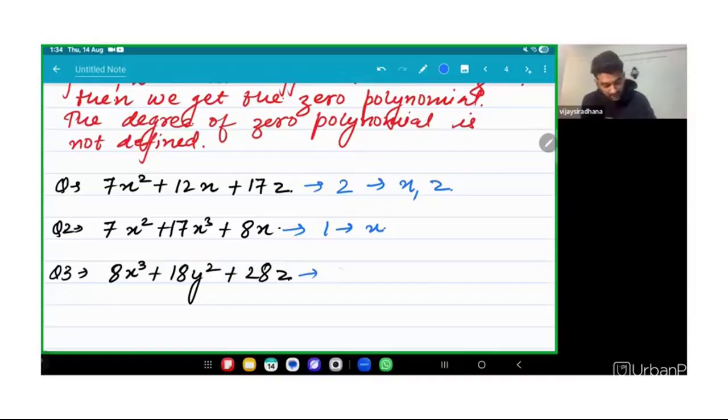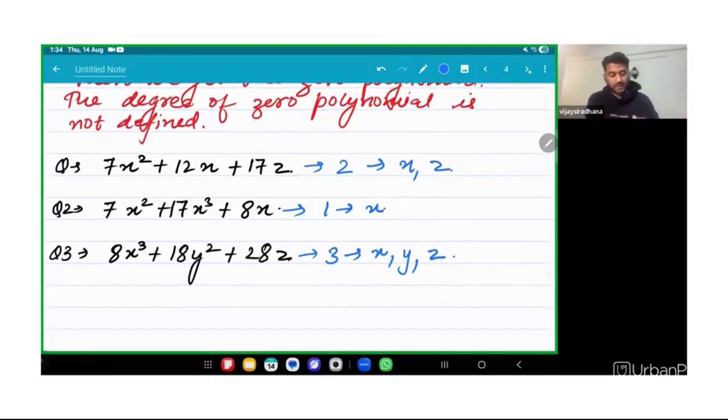In the third question, there are three variables: x, y, and z. So in this chapter, in the ninth class curriculum, you will see only one variable. You won't see the variable of 2 and variable of 3.